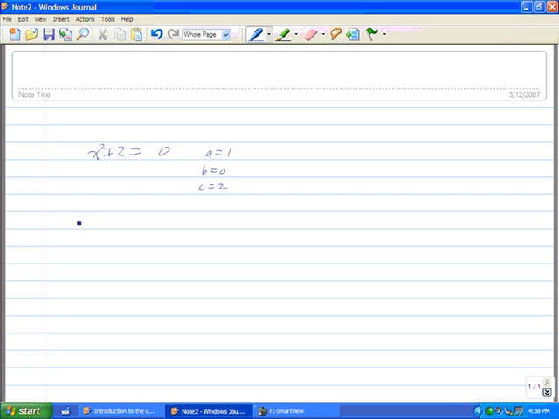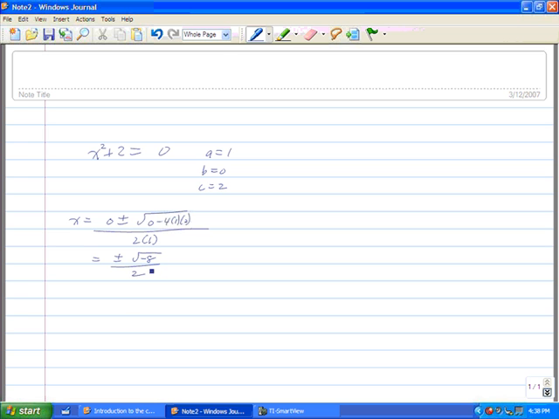Putting this in the formula, I get x equal to opposite of b, which would be a 0, plus and minus square root of b squared, which is 0, minus 4 times a, which is 1, times c, which is 2, all over 2a. So from this I get plus and minus square root of negative 8 all over 2.